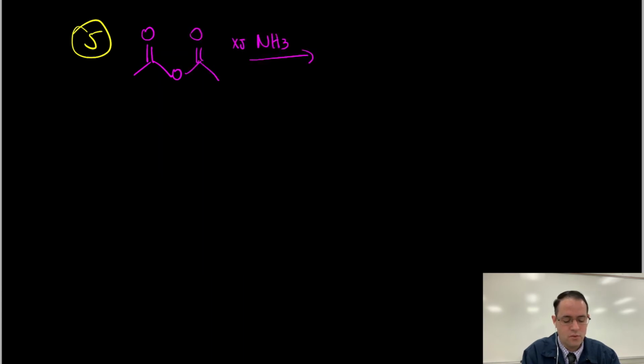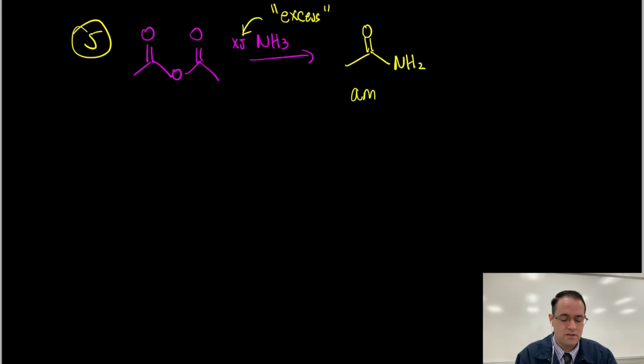And again, we're adding excess. If you haven't seen my other videos, the letters X and S stand for the word excess. And the idea here is that you have more than 2 equivalents that are necessary to do this chemical reaction. From this chemical reaction, you form amides.